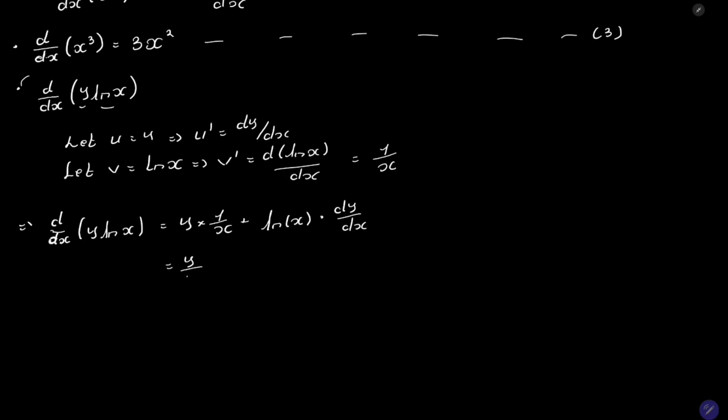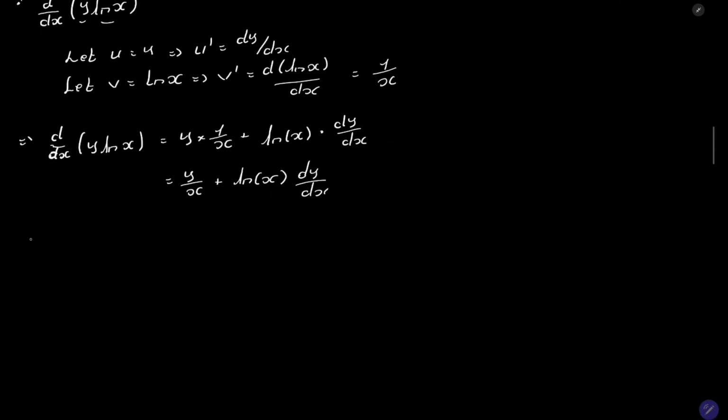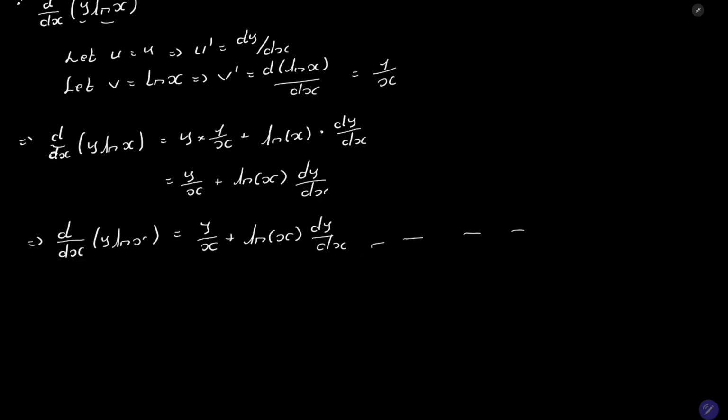This gives us y on x plus ln x times dy on dx. So we can conclude that the derivative with respect to x of our function y ln x gives us y on x plus ln x dy on dx. We label this equation 4.